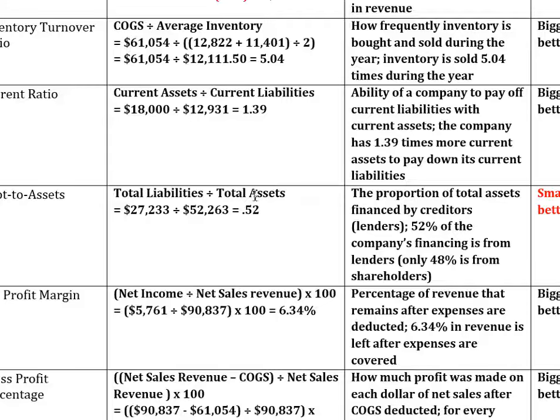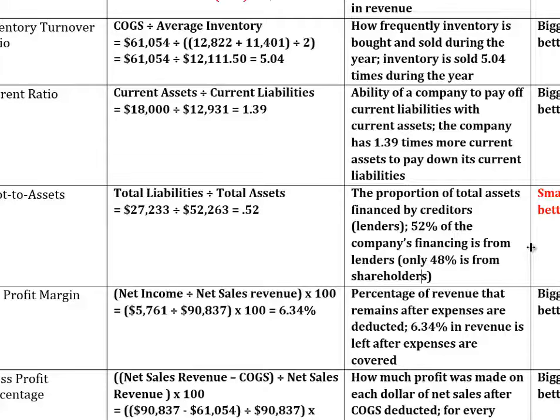So for every dollar in assets I have to borrow 52 cents for every dollar in assets I have in order to buy them. So that means the other 48 cents or 48% of all the assets that I purchase are coming from my shareholders and any money that I've retained in the business, right?